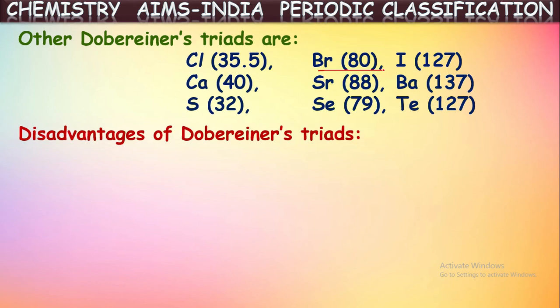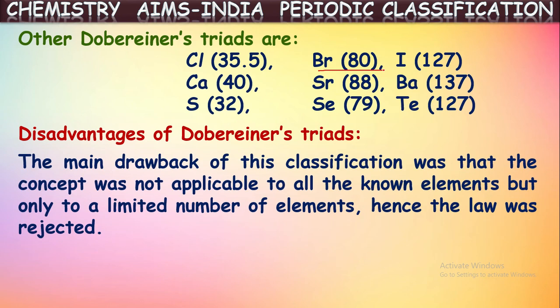But there are some disadvantages with this Dobereiner's triad. What are those? The main drawback of this classification was that the concept was not applicable to all the known elements, but only to a limited number of elements. Hence, the law is rejected mainly.